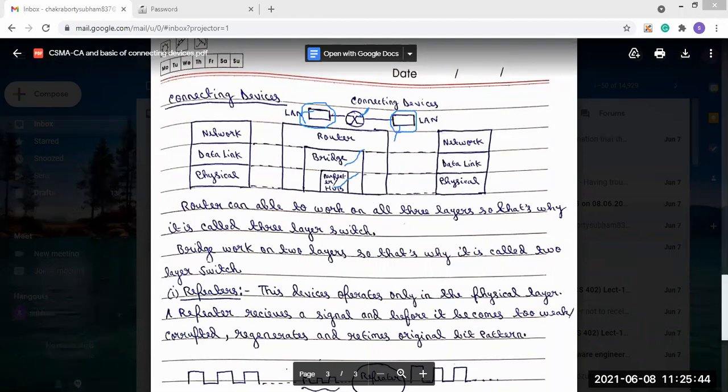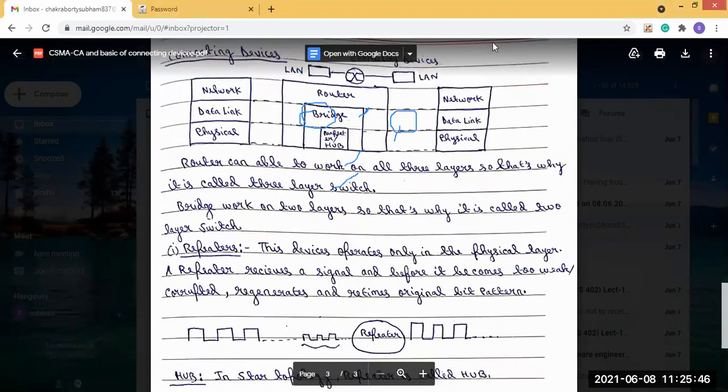If we see through a diagram, it will be clear. A signal is transmitting. After covering some distance, the signal becomes weak. At first the signal is very strong, but at this point the signal becomes too weak.